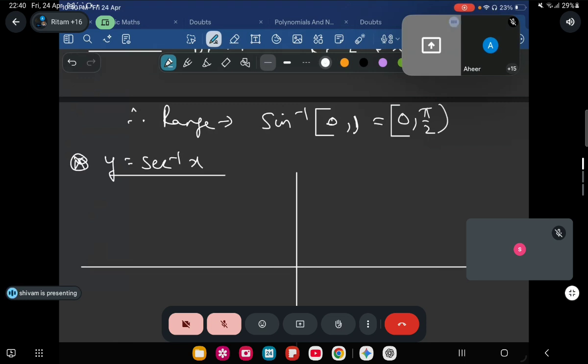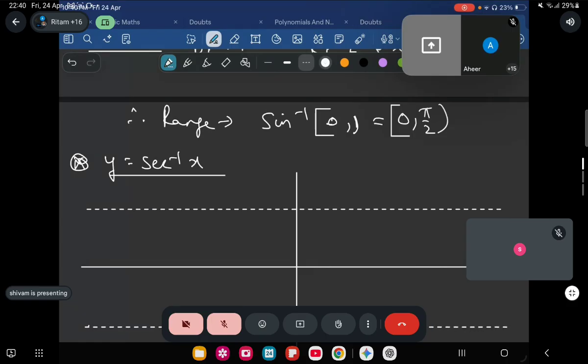Okay, pay attention. I want to draw the graph of sec inverse x. This is x equal to 1 and this is x equal to minus 1.